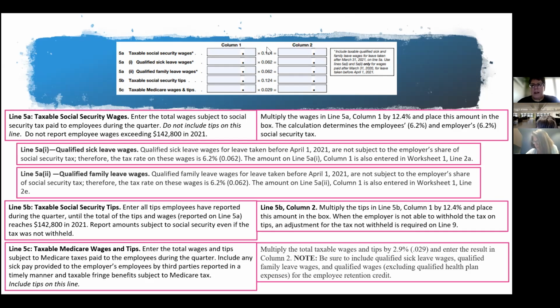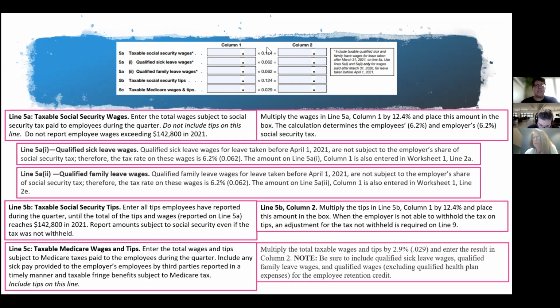That is multiplied by 0.124. That's both the employer and the employee portion of the Social Security tax. They're both 6.2%. But then we get into the fun stuff, the qualified sick leave wages and the qualified family medical leave wages. So these are sick leave wages taken before April 1st, 2021 that are not subject to the employer's share of Social Security tax.